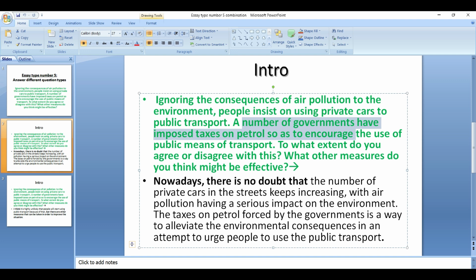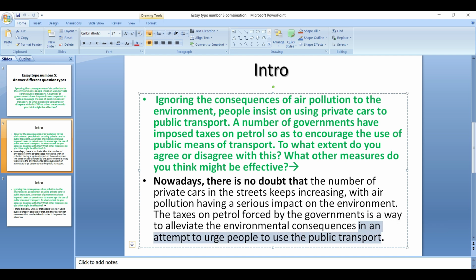So, the taxes on petrol forced by the governments is a way to alleviate the environmental consequences in an attempt to urge people to use the public transport. Okay, I did a lot of paraphrasing here in terms of synonyms.